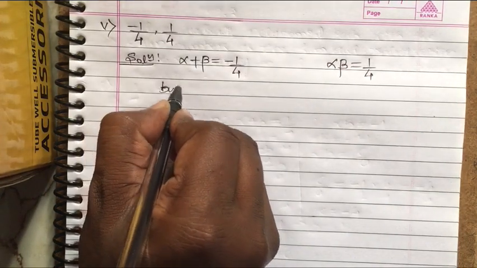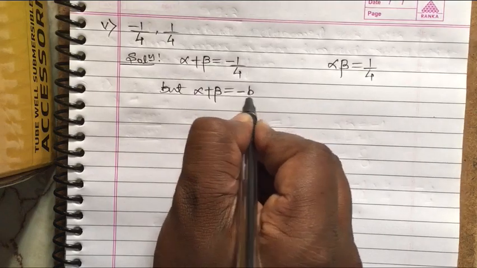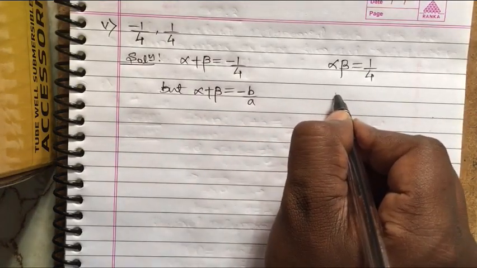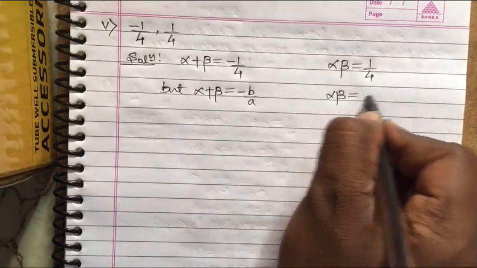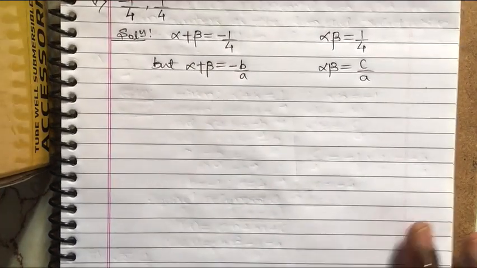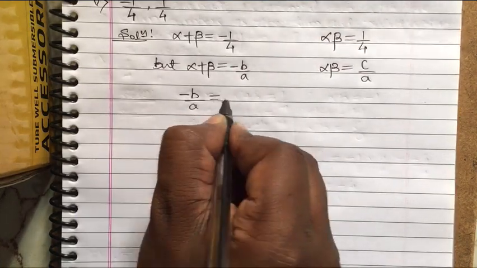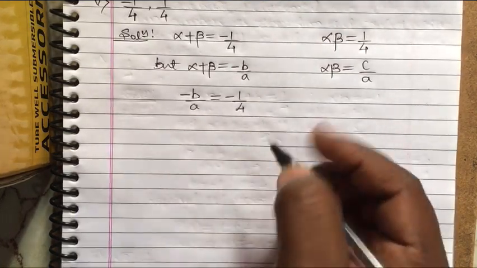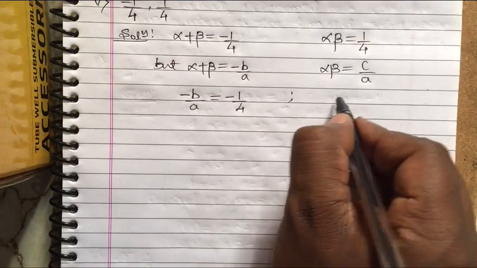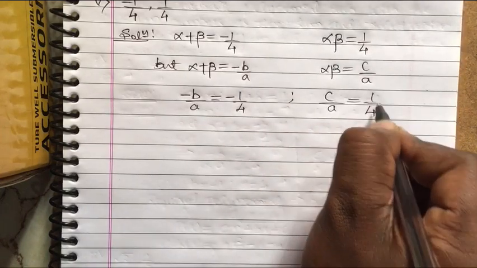Alpha plus beta is equal to minus b by a, and here alpha beta is equal to c by a. So now see here, minus b by a is equal to minus 1 by 4, and then c by a is equal to 1 by 4.